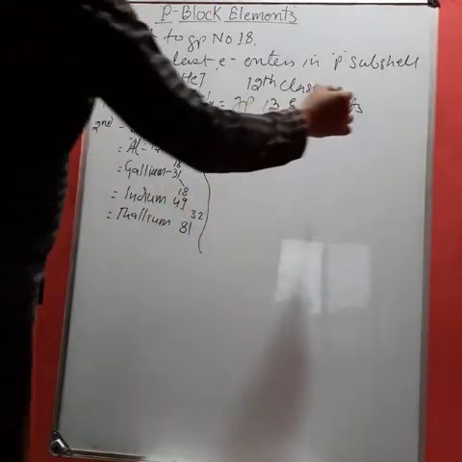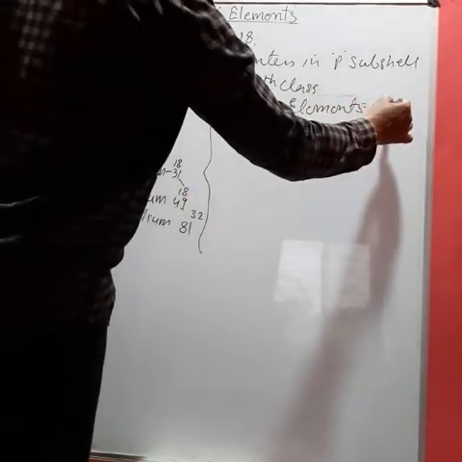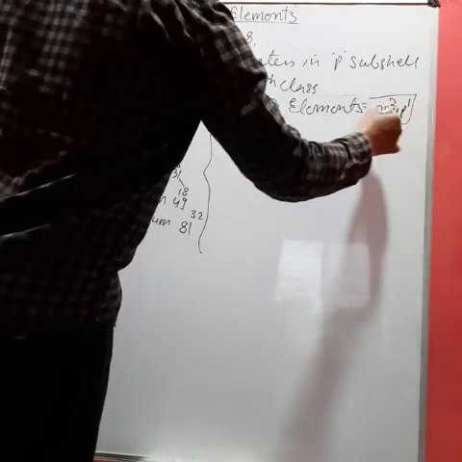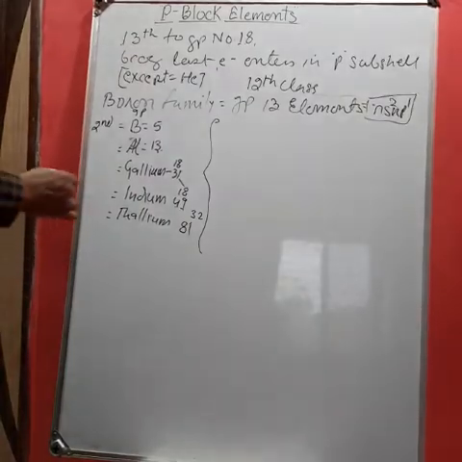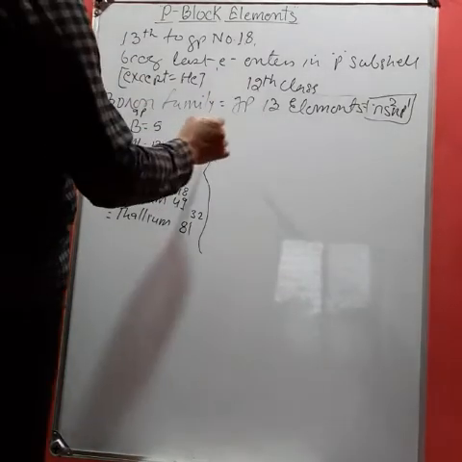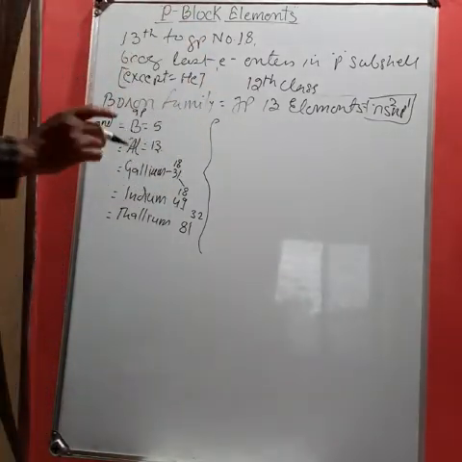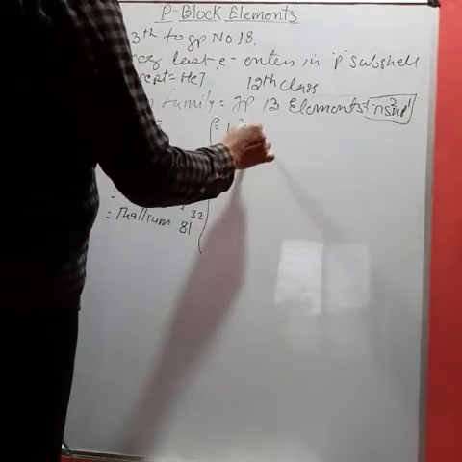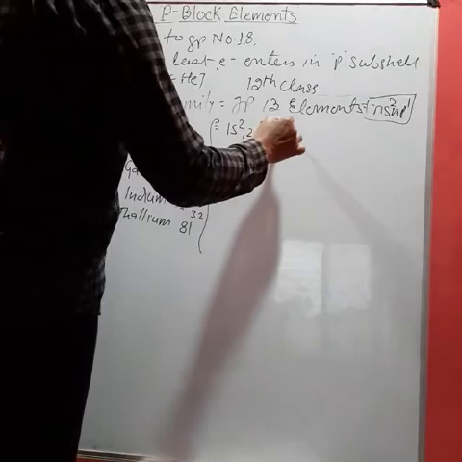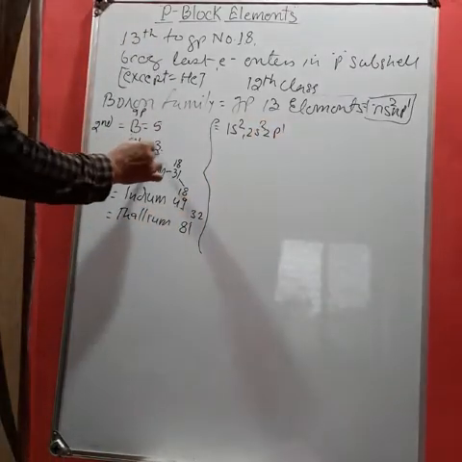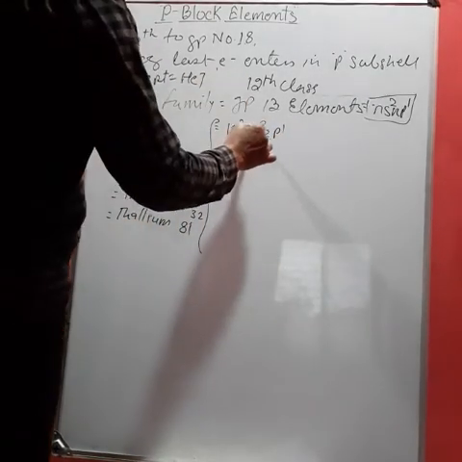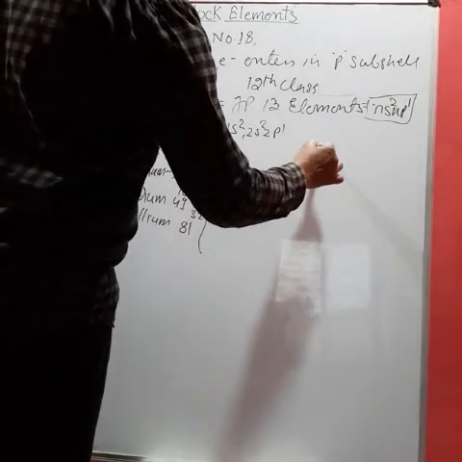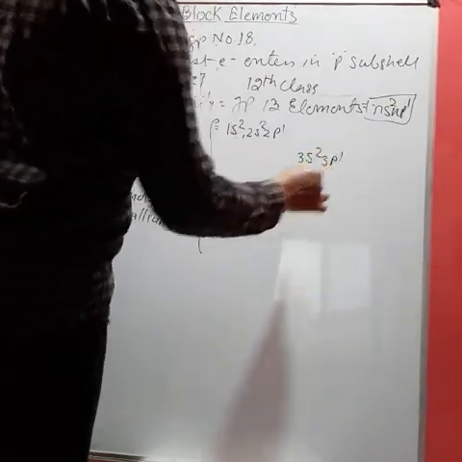Students, all of them have the general configuration ns2 np1. This is the general configuration. That means, in their general configuration, you can say there is one electron in the P subshell. So boron's configuration becomes 1s2, 2s2 and 2p1. What about aluminium? It belongs to the third period, therefore its configuration will have 3s2, 3p1.